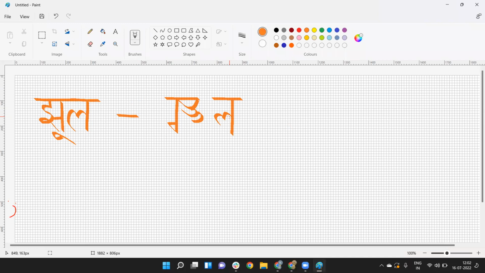So there are more words which I'll be giving for assignment. So I think the basic understanding is there now of how to use these matras with these letters. Now you can write any word which I'll be sharing as an assignment.